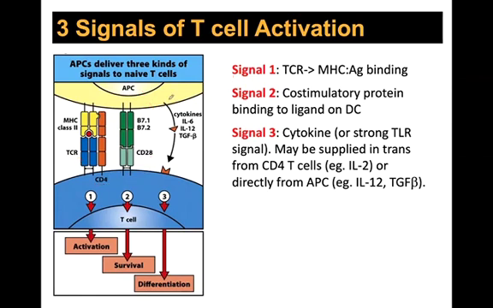Now the final signal is a cytokine, and this can be many different cytokine signals, but in reality, you need something to tell those cells that, yes, this T cell should proliferate. And the main cytokine that we've talked about is IL-2. I know it's not on this diagram, it's a little bit older, but IL-2 is the main cytokine that's telling those T cells to proliferate and differentiate.